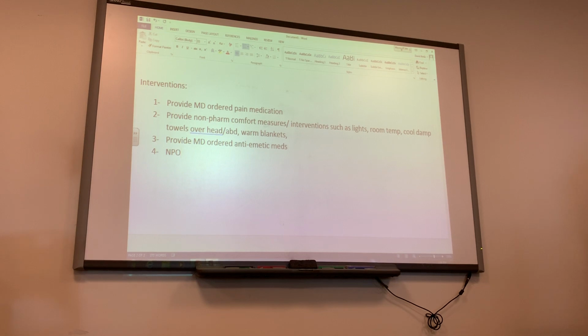IV. Okay, there you go. IV fluids for hydration and nutrition. And that IV fluid is going to have salt and potassium and chloride and, okay. So there you go. And electrolytes. There you go. There's your interventions.